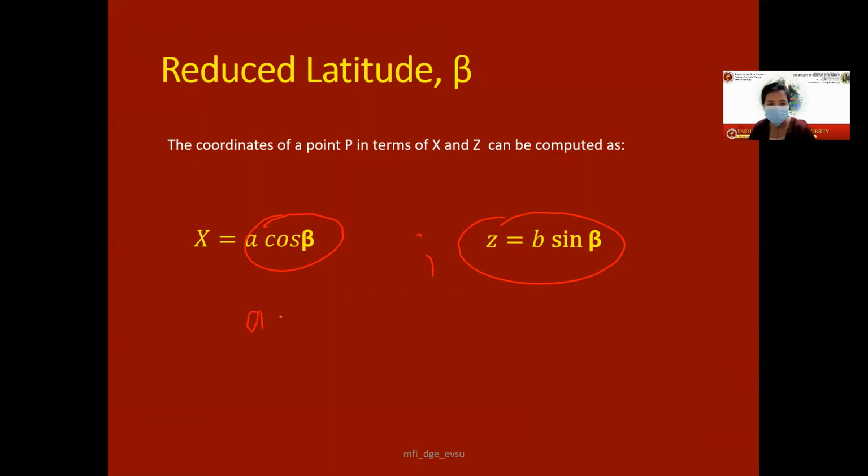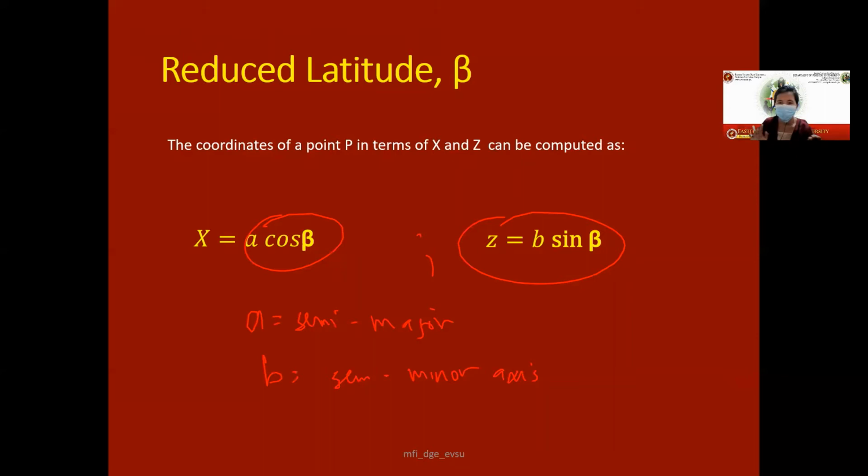Your a is the semi-major axis of the ellipsoid, and b is the semi-minor axis of the ellipsoid. I hope you remember the formulas for the x and z of the reduced latitude, the geocentric, and the geodetic latitude.